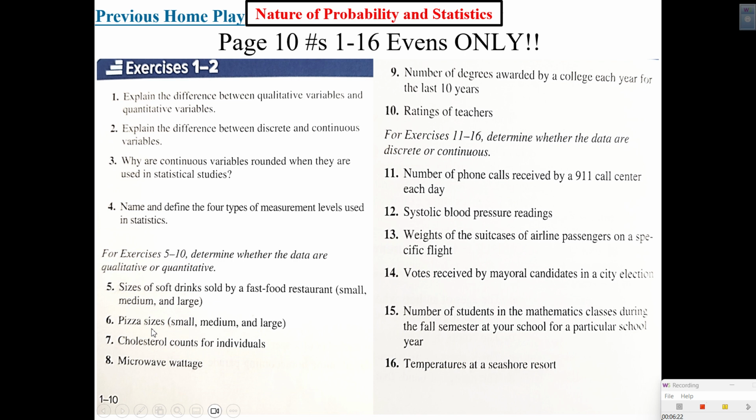Number 6. Look at number 6. It says, pizza sizes. Determine whether the data are qualitative or quantitative. Once again, determine whether the data are qualitative or quantitative. Pizza sizes: small, medium, and large. Small, medium, and large. Talk to your neighbor, let them know what that is.